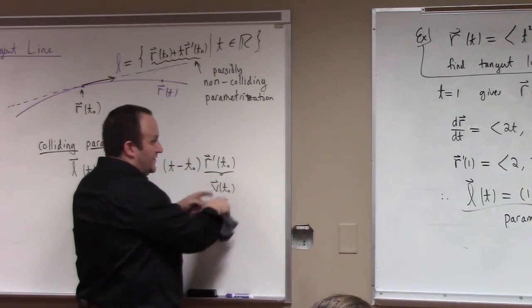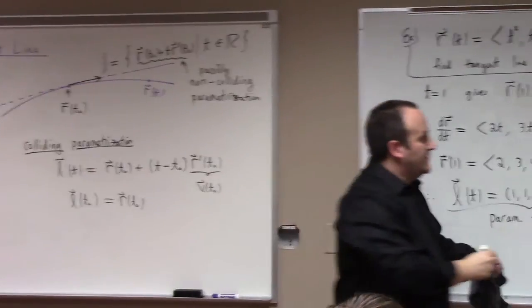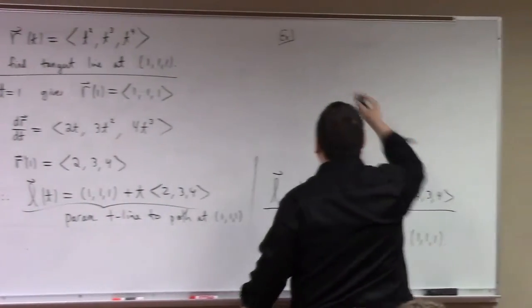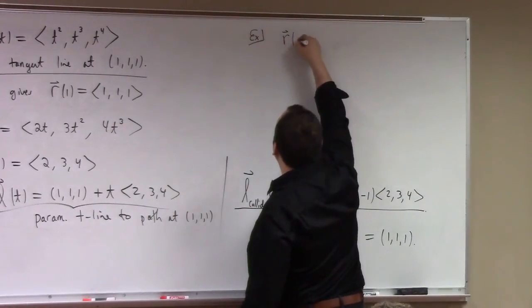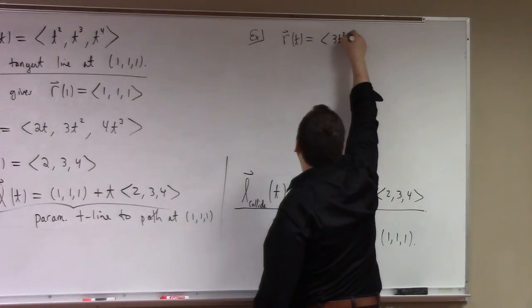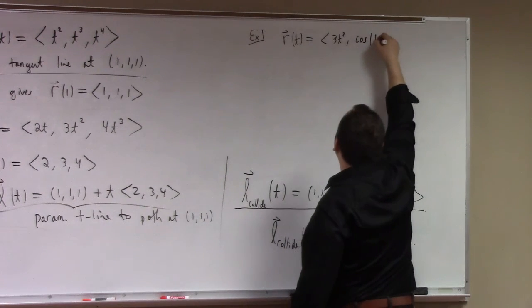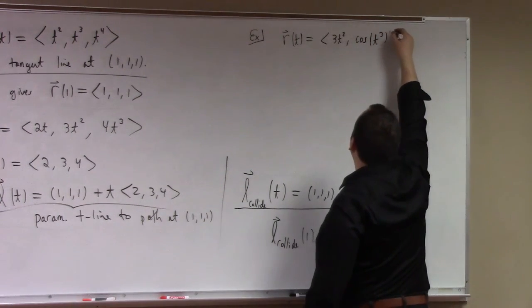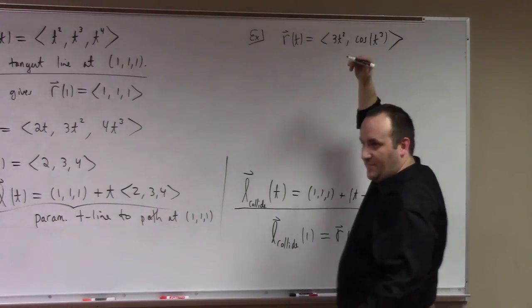Here's a typical mistake that I see people make. Maybe we have r of t is, I don't know, 3t squared, cosine t cubed. And here I'll do a two-dimensional one. That's the path.